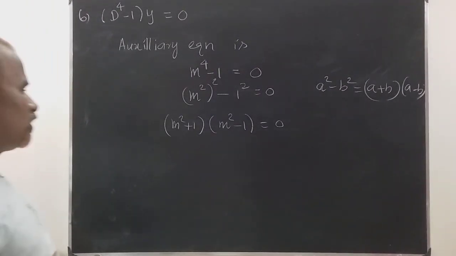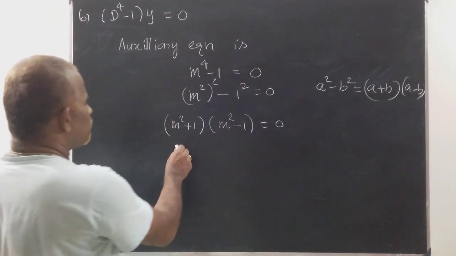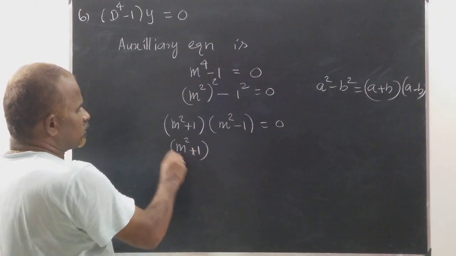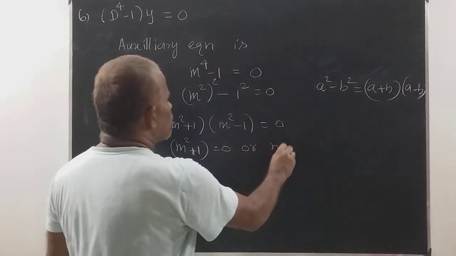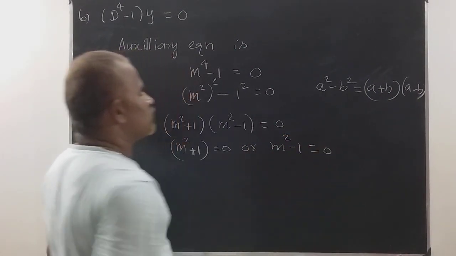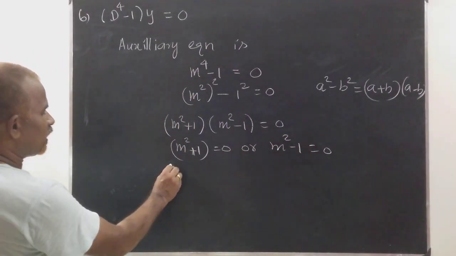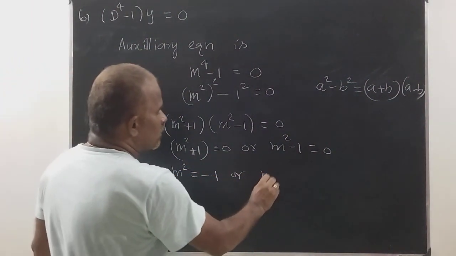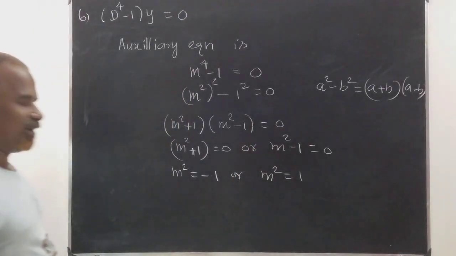So here m square plus 1 is equal to 0, or m square minus 1 is equal to 0. So therefore m square is equal to minus 1 or m square is equal to plus 1.